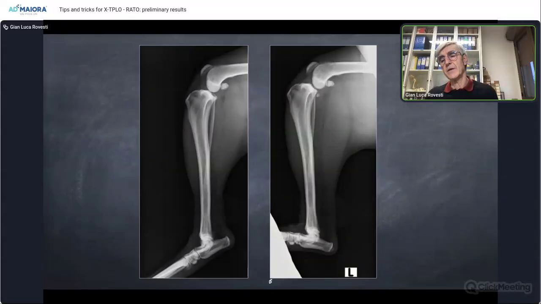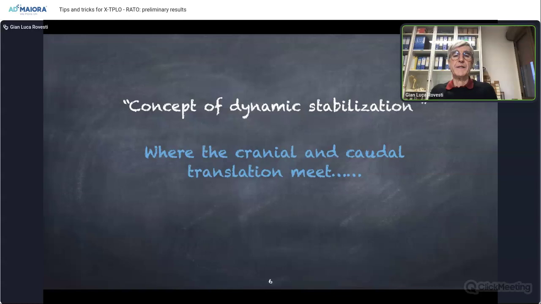So this is the first approach, understanding the biomechanics of the stifle with the rupture of the cranial cruciate ligament. But a sentence that we should go deeper into is this: the concept of dynamic stabilization is where the cranial and caudal translation meet.